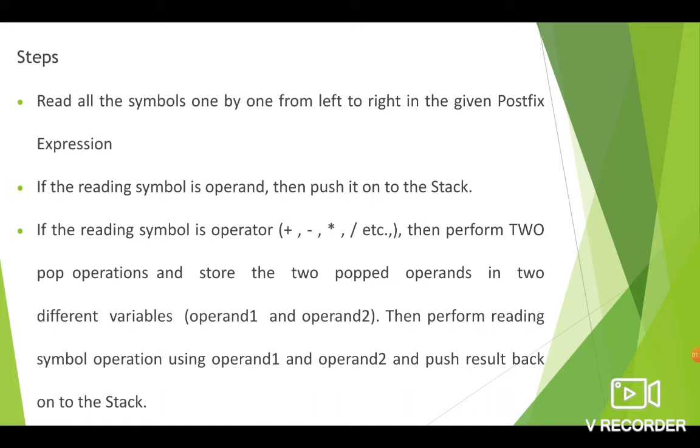If the reading symbol is operator, for example, plus, minus, star, slash, then you have to perform two pop operations and store the popped operands in variables like operand 1, operand 2 and so on.